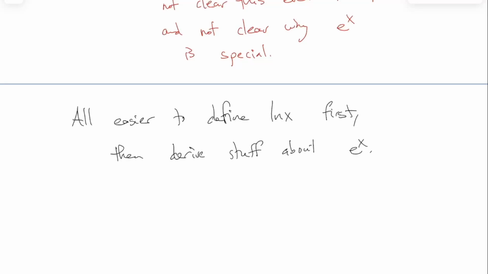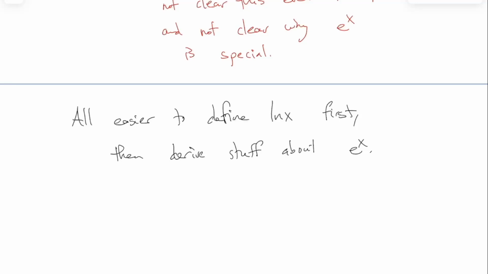So we're going to talk about the natural logarithm today, and then the inverse of that, we are going to say the inverse of the natural logarithm is e to the x. And that will be, for us, the definition of e to the x. It's the inverse of the natural logarithm. I don't know if this is confusing at all, but this is how we're going to do it for the sake of being more rigorous about everything.